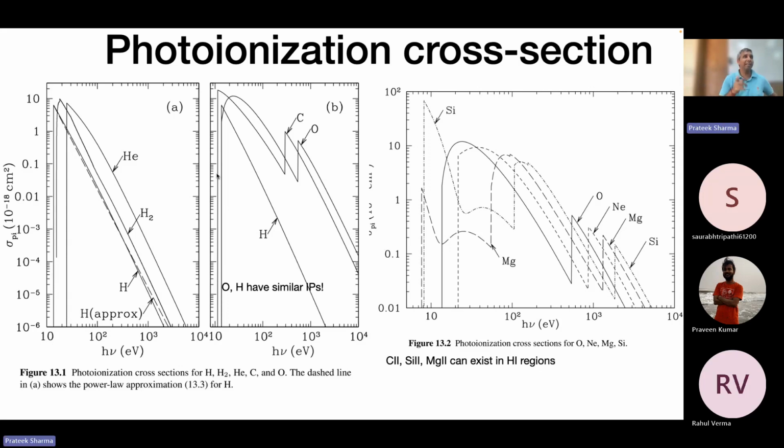What it means is that in an H2 region, carbon will be fully ionized. Because if you can ionize hydrogen, you will definitely ionize any carbon atom that you encounter. The oxygen, coincidentally, has almost the same ionization potential as hydrogen.